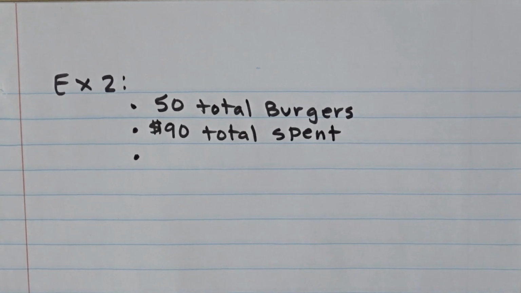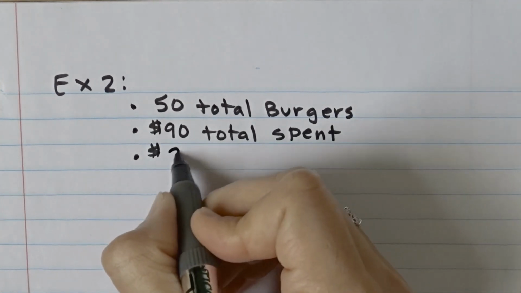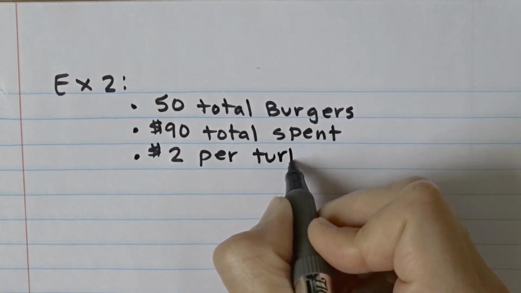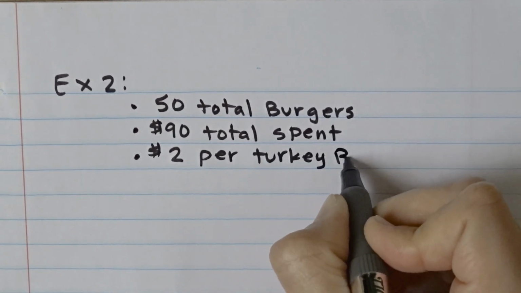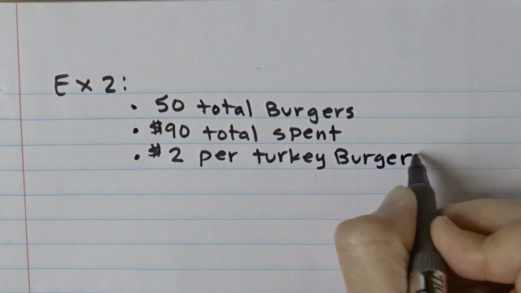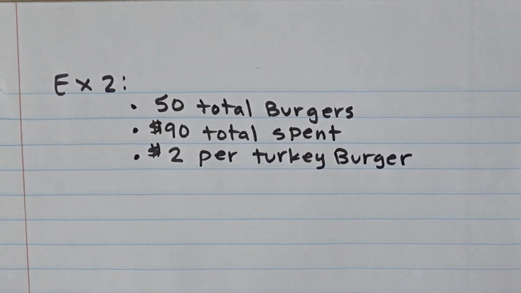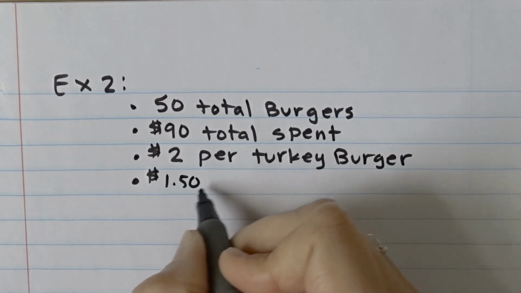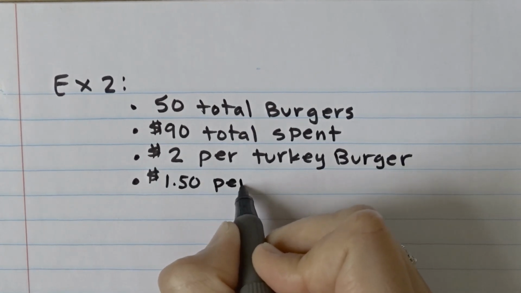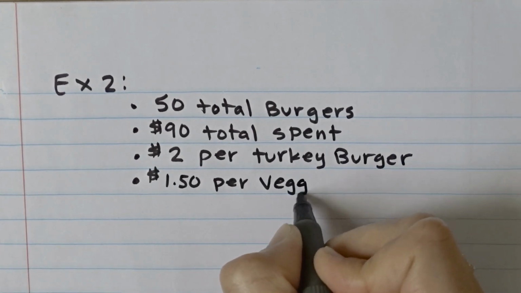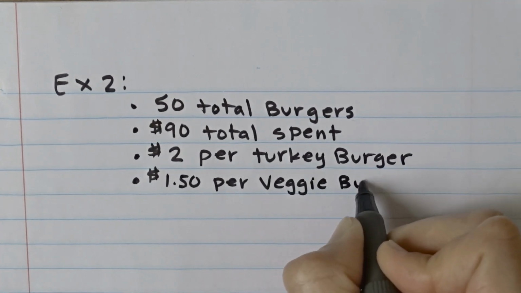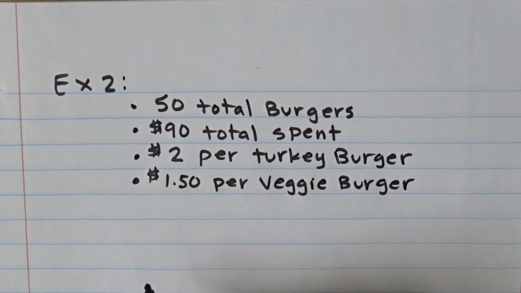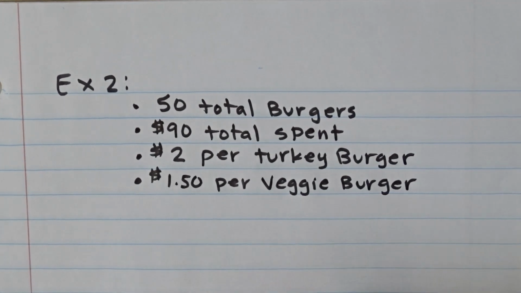The next thing we know is that it was $2 for each turkey burger. And then we were also given that it was $1.50 for each veggie burger. And the question is, how many of each burger was purchased?